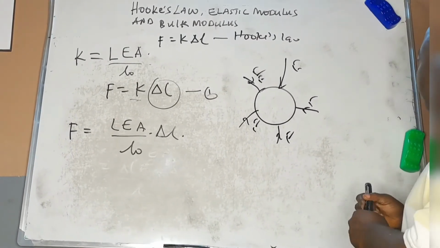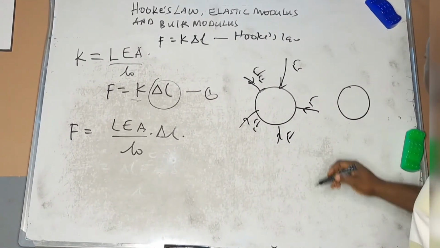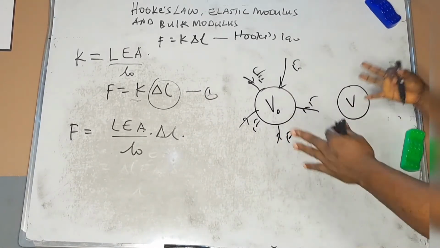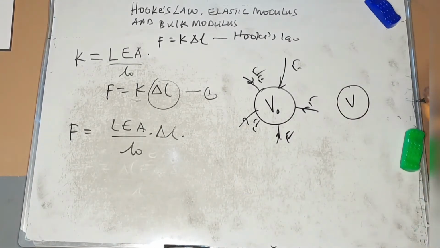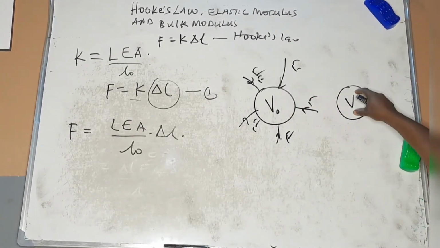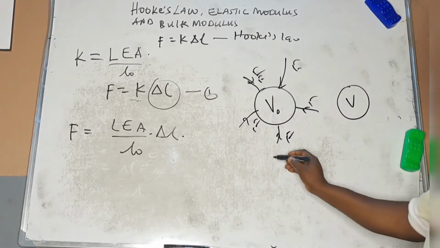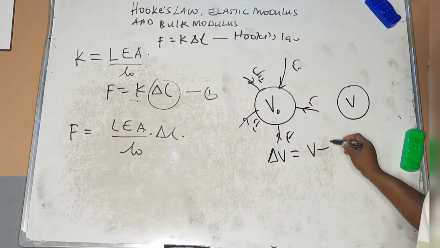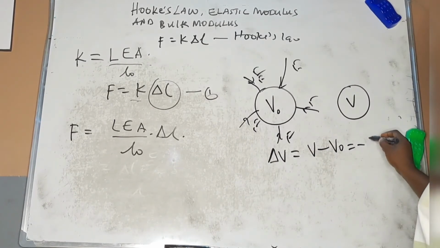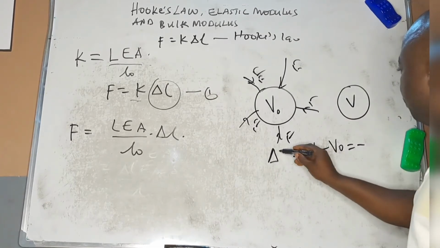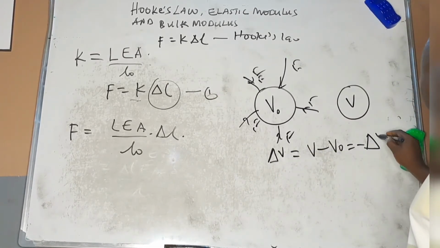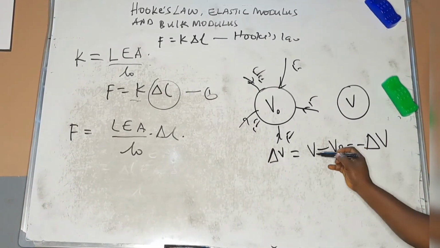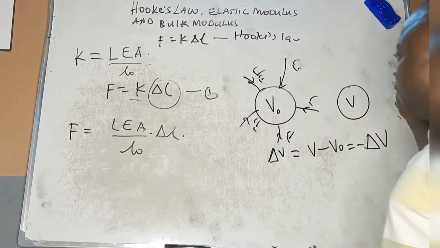Now, you recall, this is V naught, the initial volume. The compressive forces will now reduce the volume to a smaller volume. So change in volume will now be V minus V naught, which is negative change in V. It is negative because the initial volume is greater than the final volume as a result of the force that has been applied.